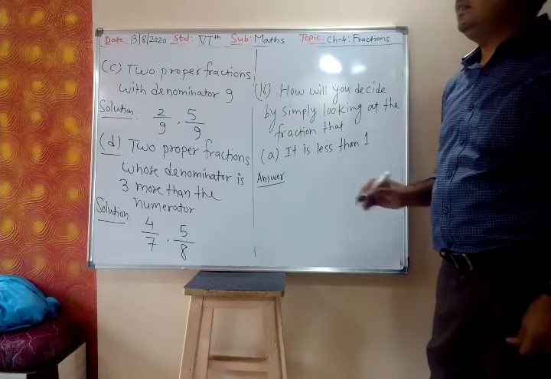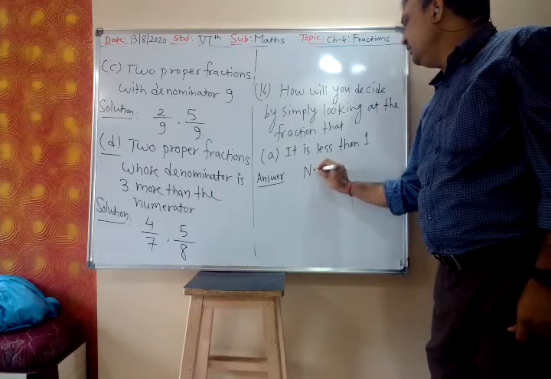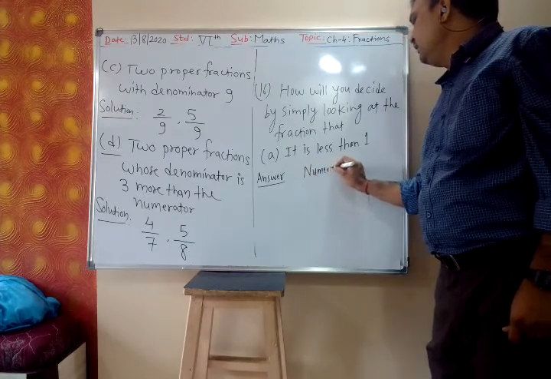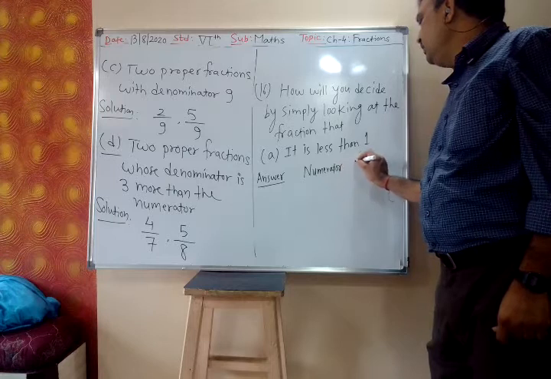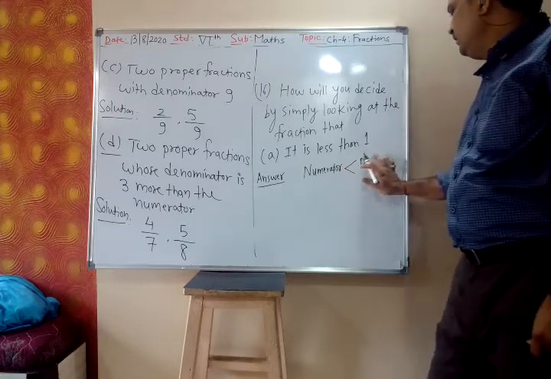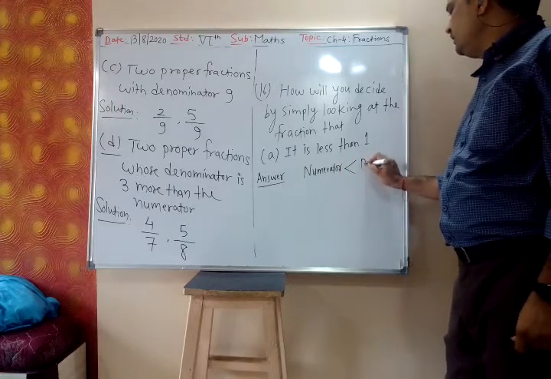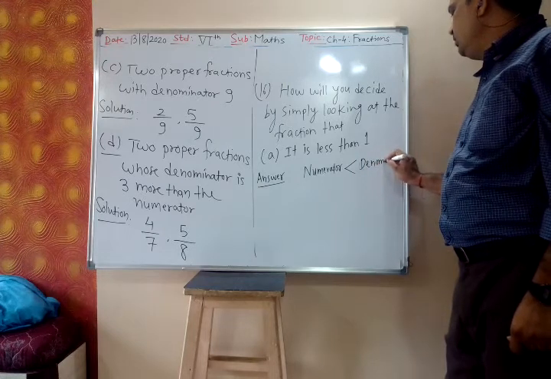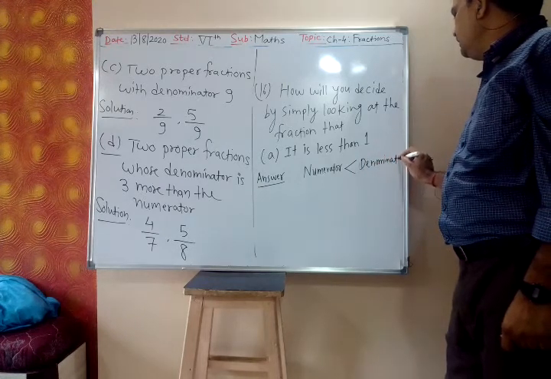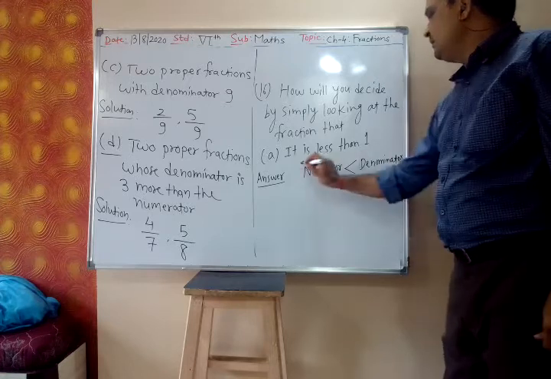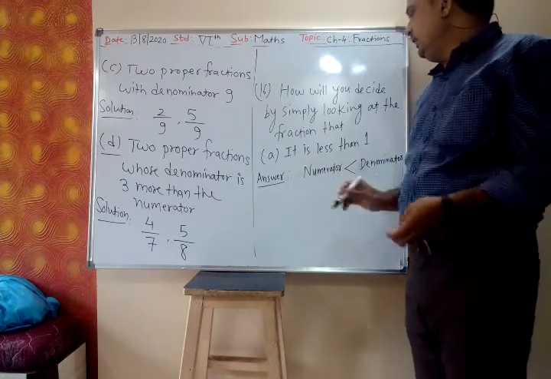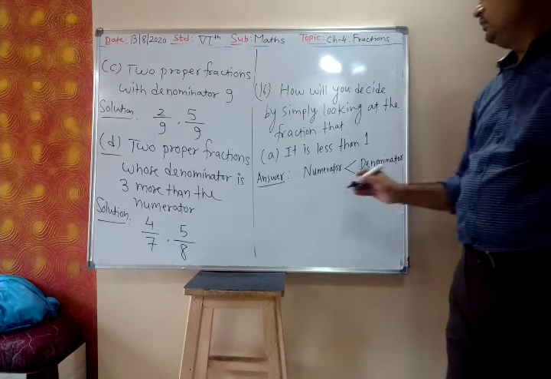When the numerator is smaller than the denominator. When numerator is smaller than denominator, the fraction will be less than 1.